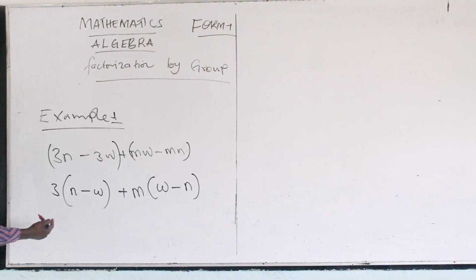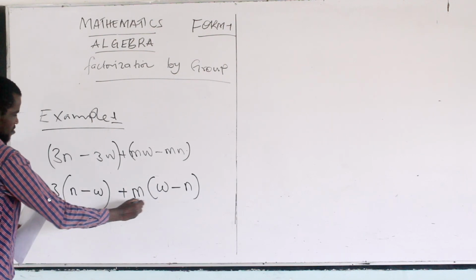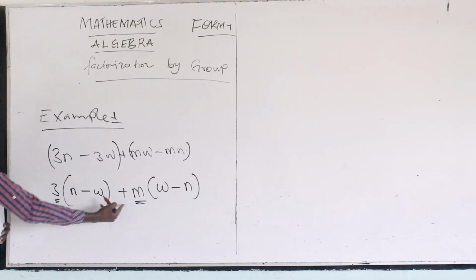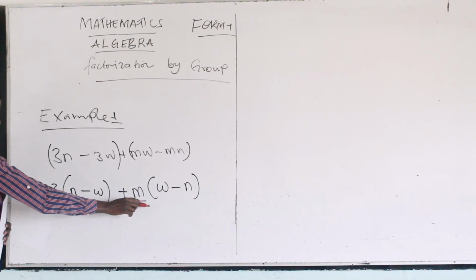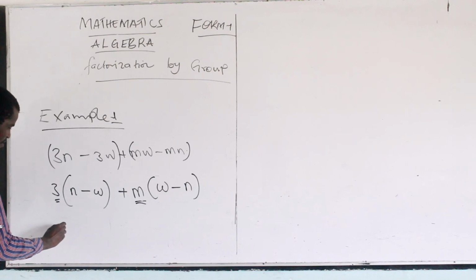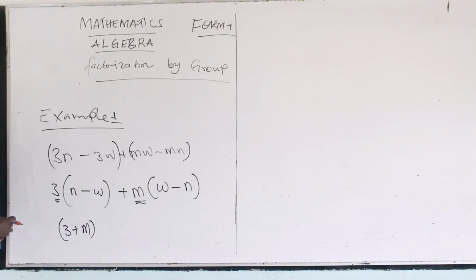So therefore we proceed. Whatever that we removed outside can now be added. So it means 3 added to m, so I will have 3 plus m.